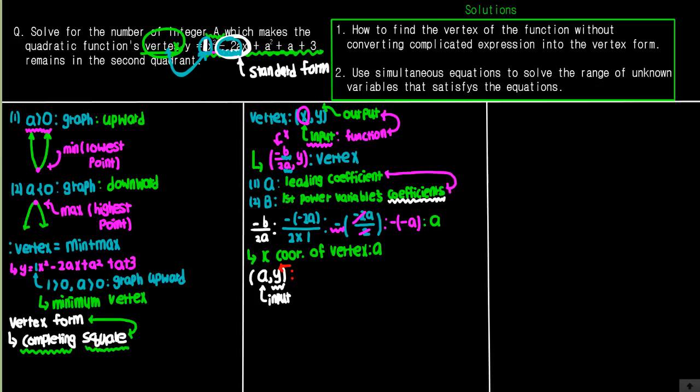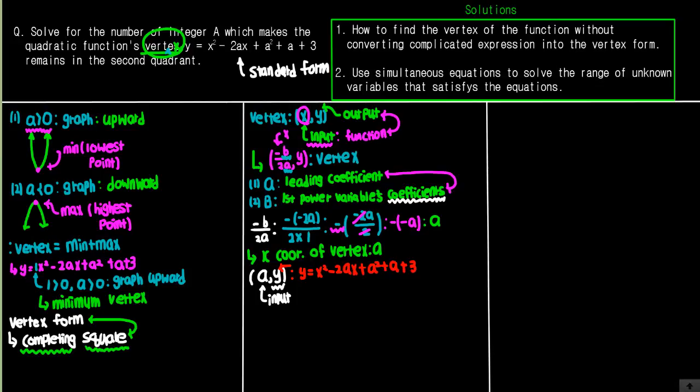So we need to write our quadratic function down again. Our quadratic function is y equals x squared minus 2ax plus a squared plus a plus 3.